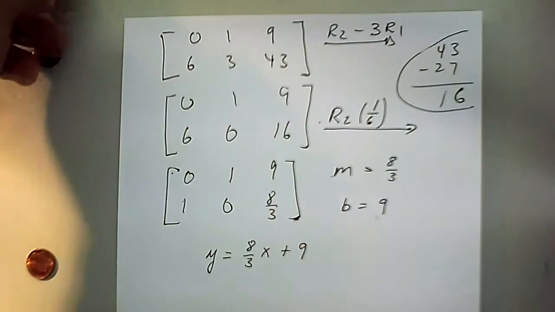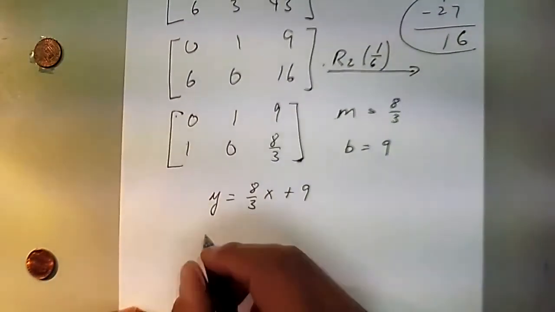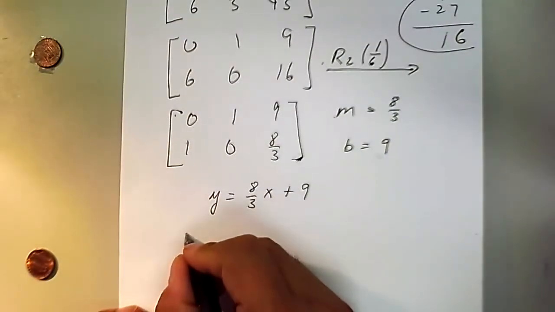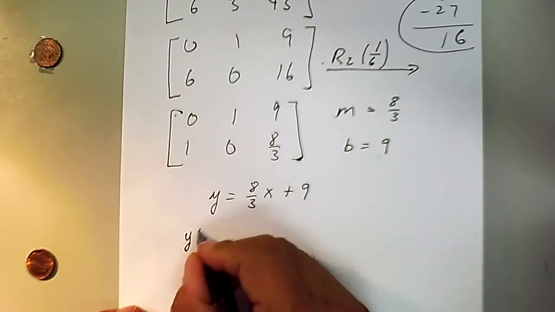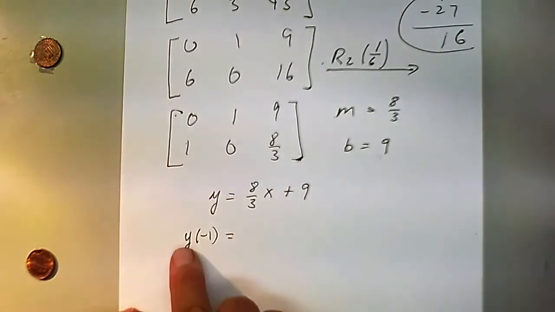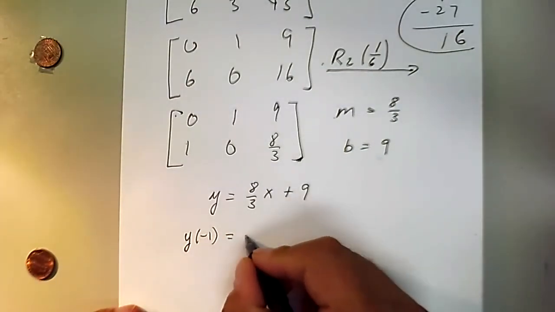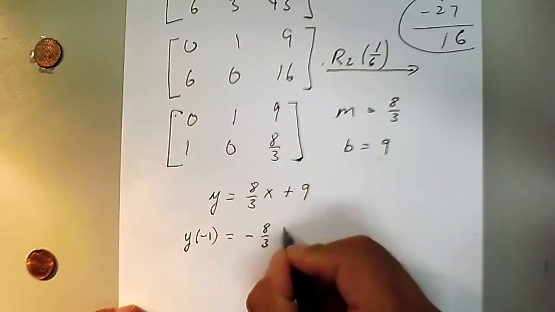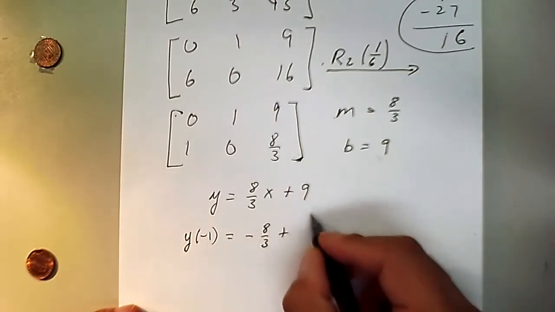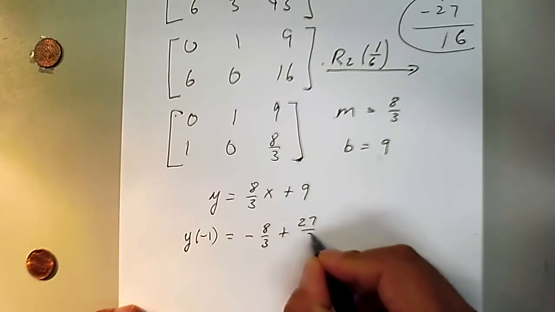Now, there's something I want to figure here. Okay, what is y of -1? If we plug in -1, this doesn't mean y times -1. This means y of -1. It's like a function notation. Well, that is -8/3 plus 9 can be converted into 27/3.